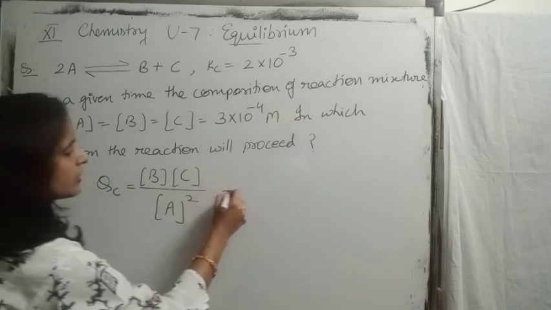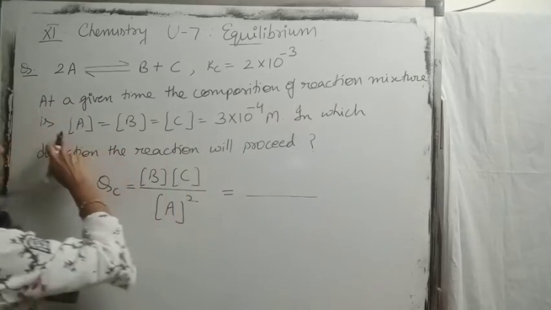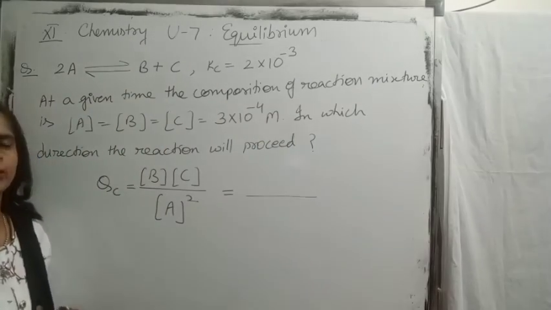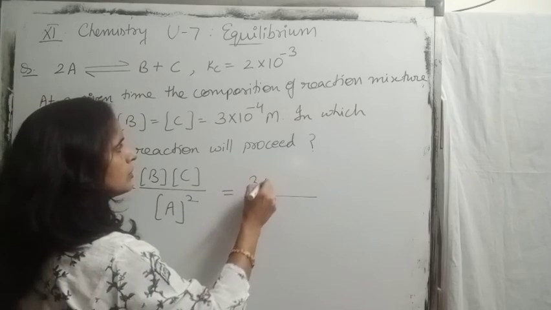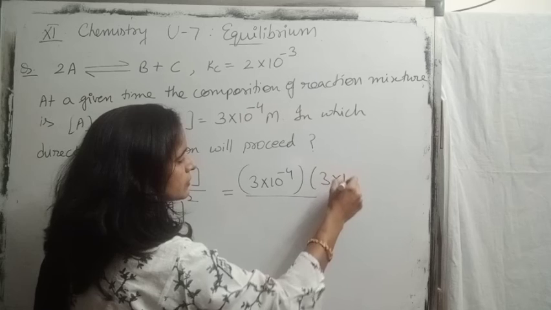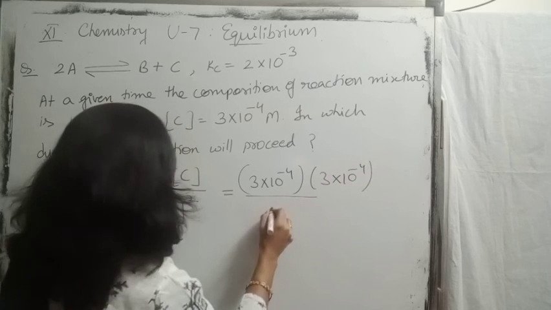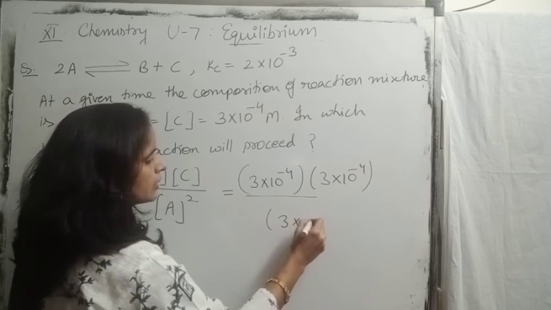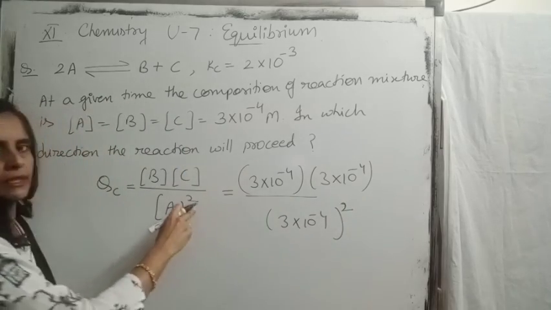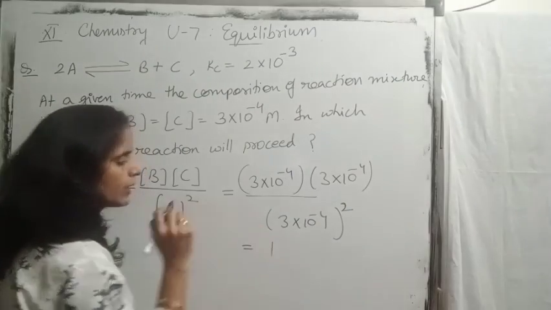Now substitute the values here. The concentration of A, B, C each is equal to 3 into 10 to the power minus 4 molar. So substitute these values, divided by that of A. So the square of A, it comes out equal to 1.